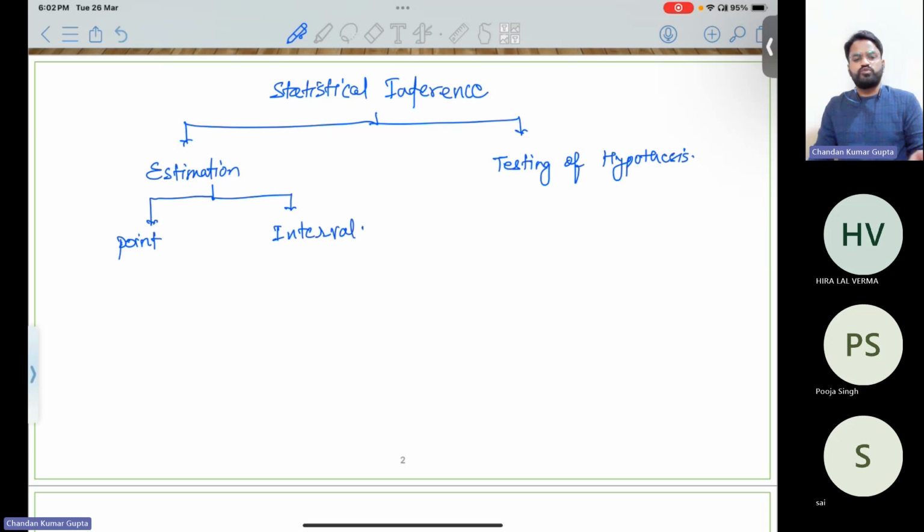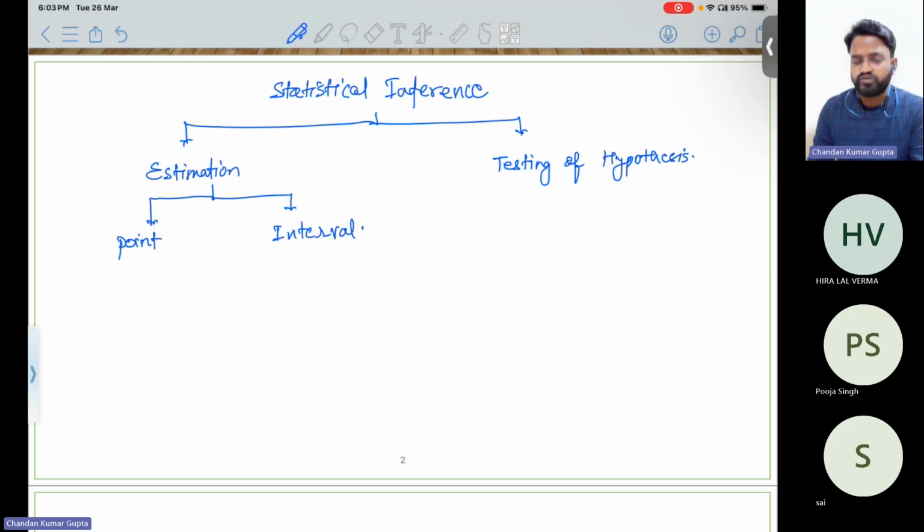Point estimation is when we estimate a parameter and provide only one value. For example, if I ask what my height is, and somebody says exactly 6 feet, that is a point estimation. But if someone says my height is around 5'5" to 5'6", then that is interval estimation.